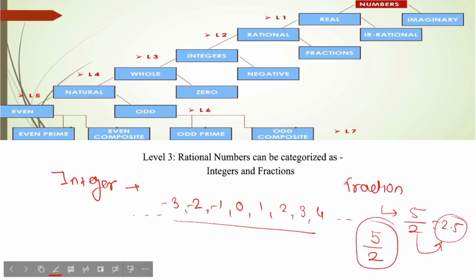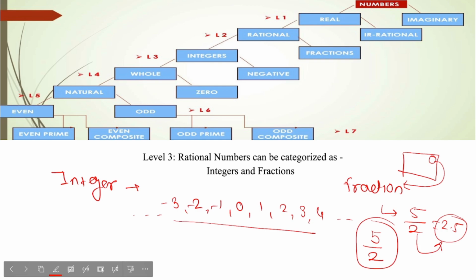Fraction means there is a complete number present and you are using a part of it. That is called a fraction. It can be indicated by dividing into a decimal value, or in numerator-denominator format, which indicates that out of 5 as a complete number, I am using a second part, that is, divided by 2.